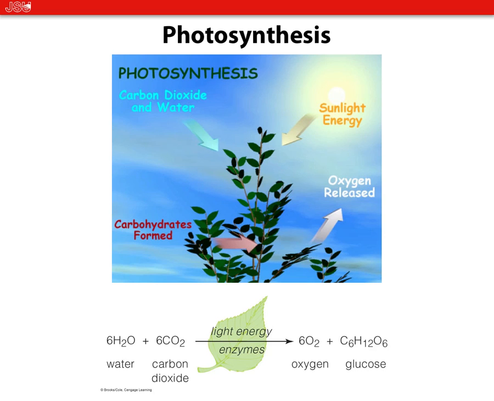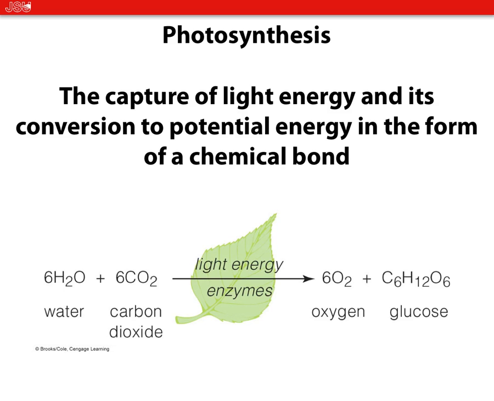So know what goes in and know what comes out of photosynthesis. And that's just another description of what photosynthesis is. We're taking light energy from the sun and we're converting it to potential energy in the form of a chemical bond. That's all photosynthesis is. It's a conversion of energy forms from that light energy to chemical energy.